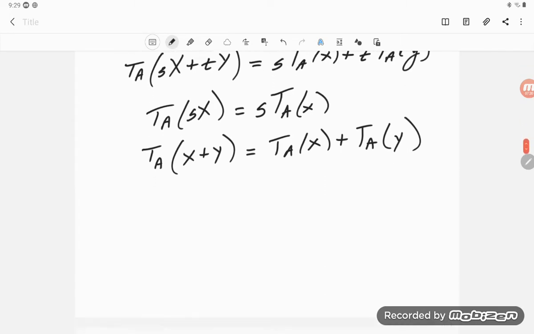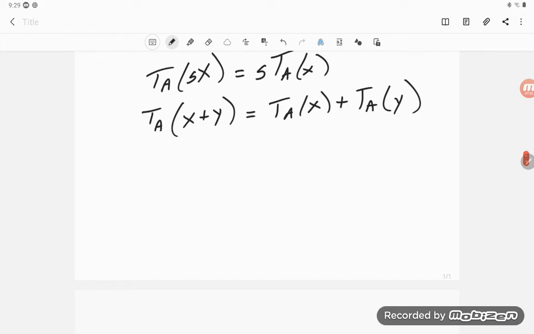Now, they immediately just go to matrices, but what I'd like to show you is that other things can be linear transformations. So not matrix stuff.